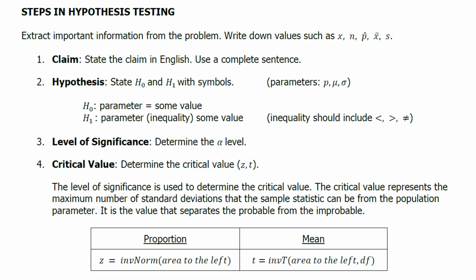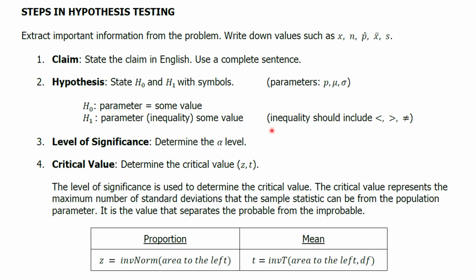Okay. Step number 2 is the hypothesis. So here is where we state the null and alternative hypotheses with symbols. Okay, so we'll use the parameters p, mu, or sigma depending on what the problem is speaking to. Okay, so we'll have for the null parameter equals some value, and then for the alternative, the parameter inequality, and then some value.